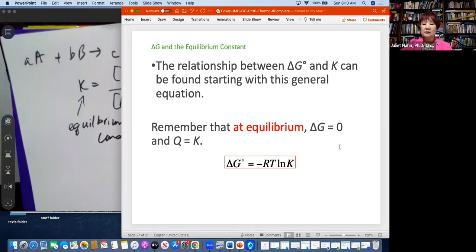So when you have equilibrium, the free energy is equal to 0, and if free energy is equal to 0, Q, the number for equilibrium for things plugged in, would equal K. So then you end up with the Gibbs free energy is equal to negative RT natural log of K, the equilibrium constant. So that means you can actually relate the thermodynamic Gibbs free energy term to the equilibrium constant.